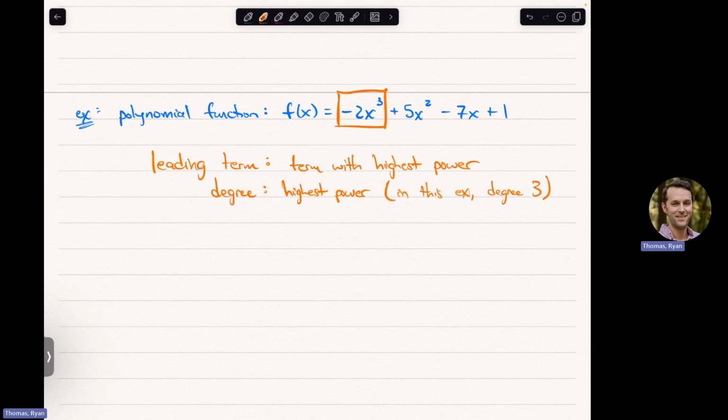Again, we'll get more into this in class. For now, we're just worrying about the terminology, what everything means, so we can talk about it. But the degree is going to tell us a lot of stuff about how the function behaves and what it does. So that'll be one of the first things that we look to identify, what that degree is. So the leading term here is negative 2x cubed.